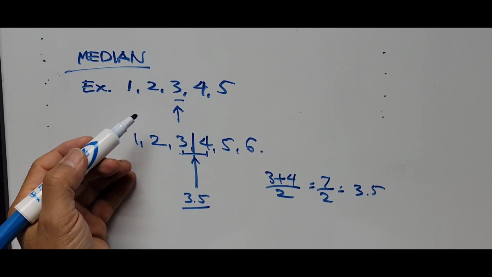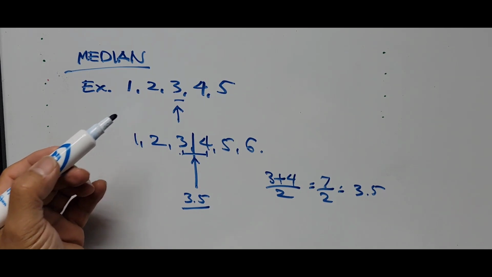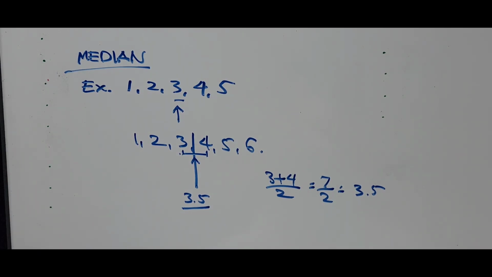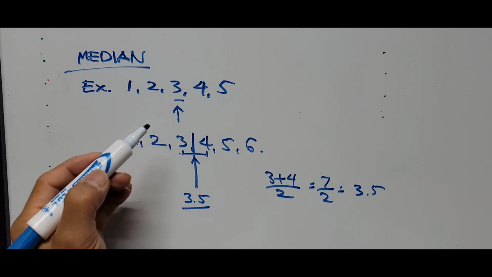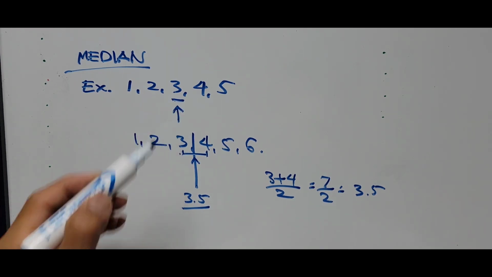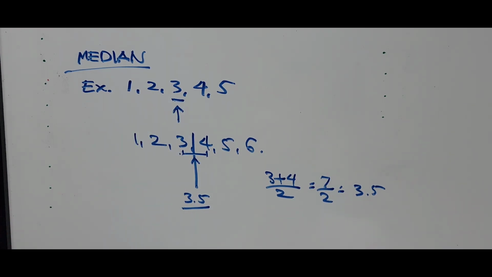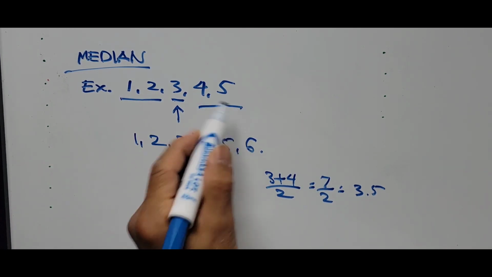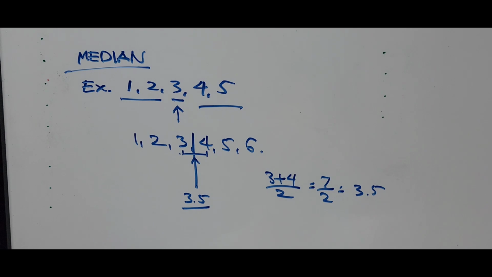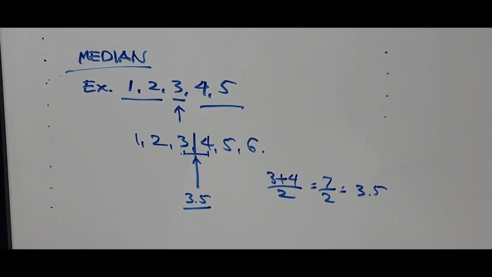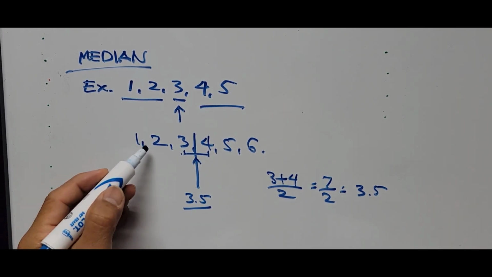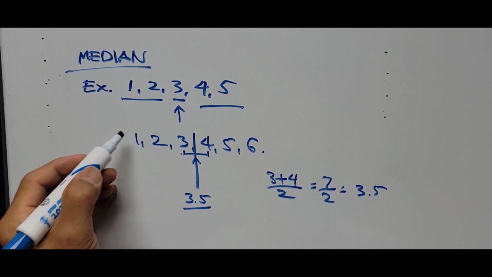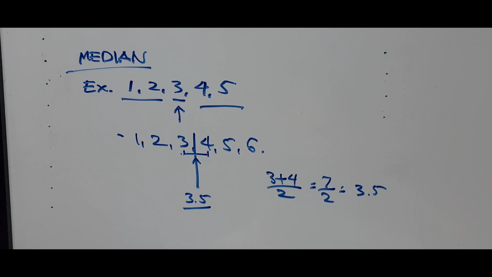When it comes to odd values, that means 1, 3, 5, 7, 9, we just get the middle value. Since we have 2 values on the left side and 2 values on the right side, that means 3 is in the middle. Alright. And now this set of values over here, let's use this, 1, 2, 3, 4, 5, 6, and make a problem out of it.